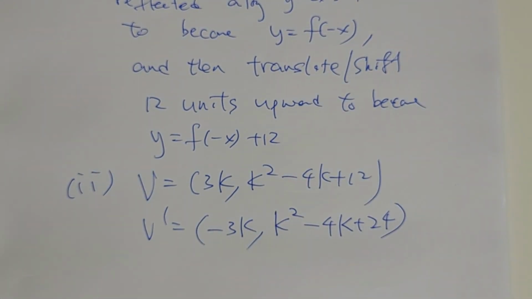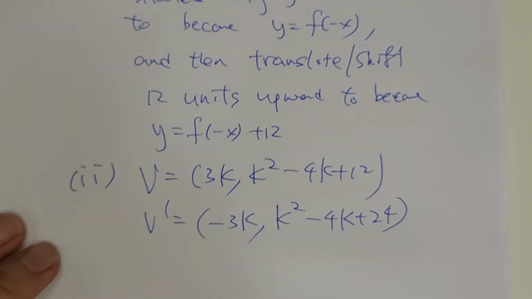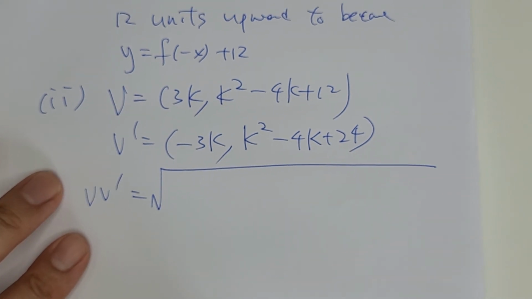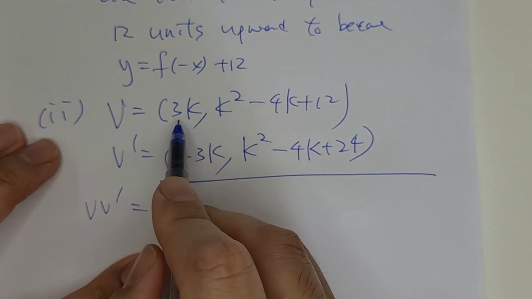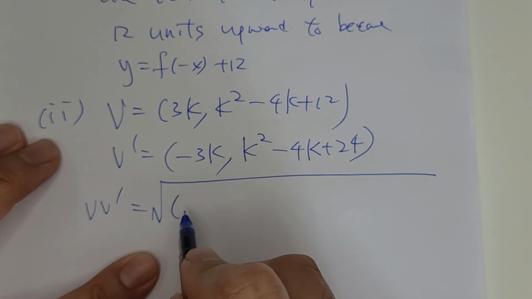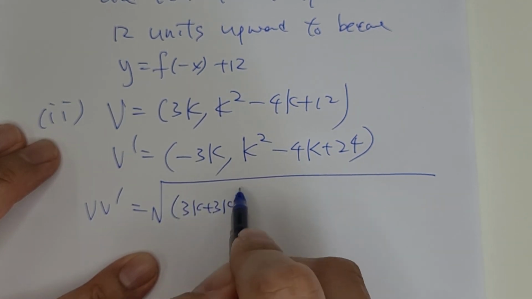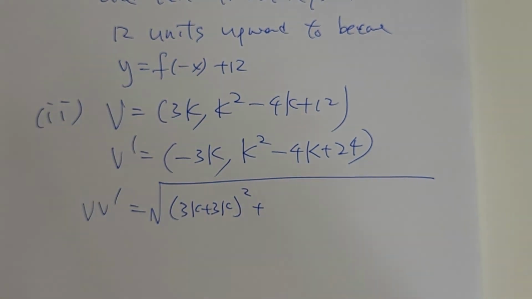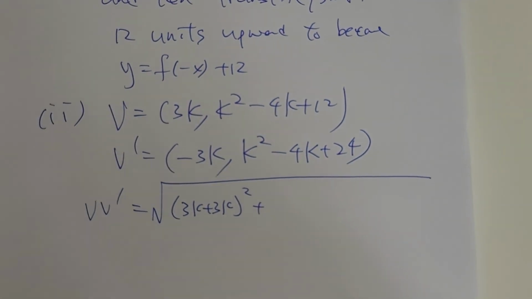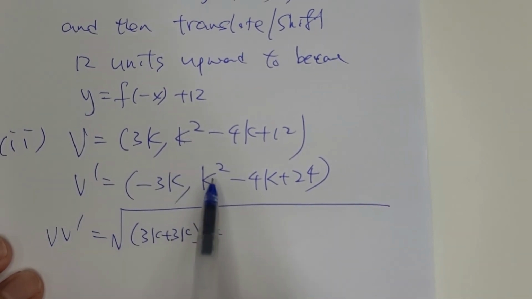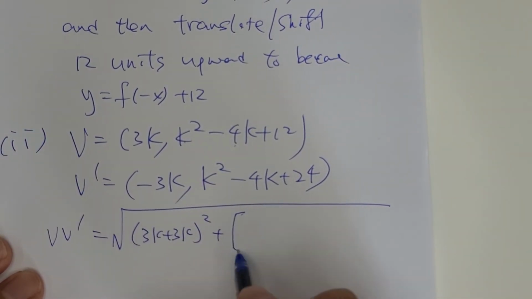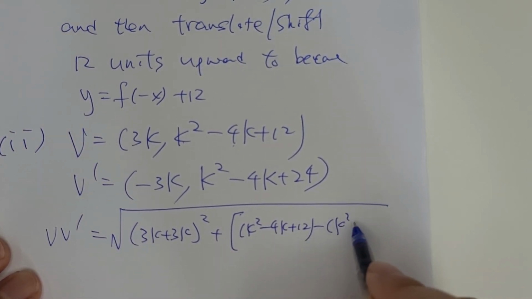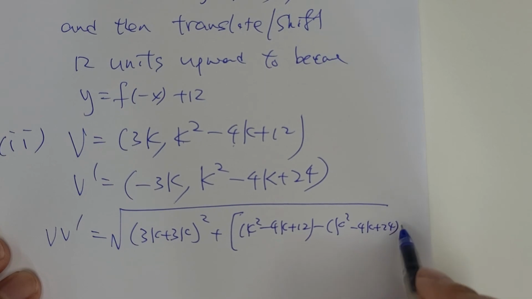Now you need to find the distance between V and V prime. That is, taking the square root, the difference of x coordinates, that is 3k minus negative 3k, so (3k plus 3k) squared, plus the difference of y coordinates. Here you should be very careful: (k squared minus 4k plus 12) minus (k squared minus 4k plus 24).